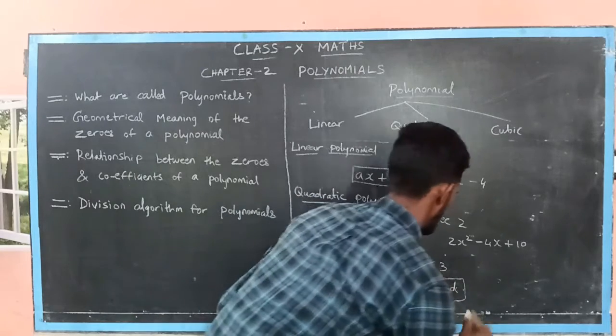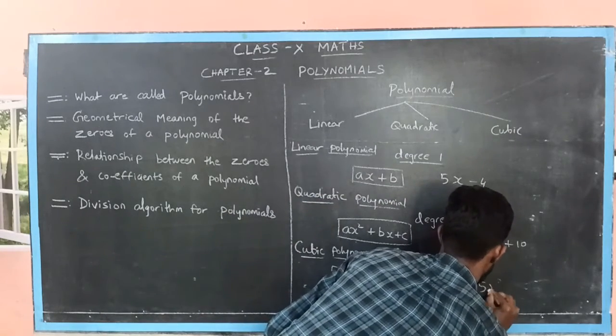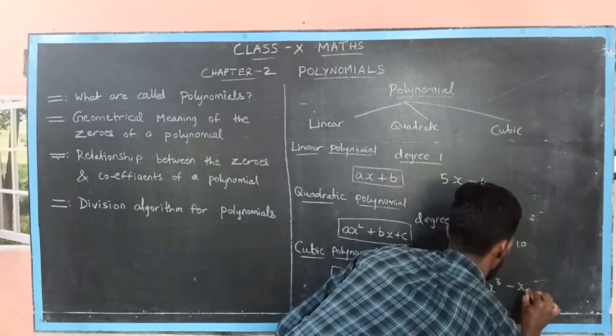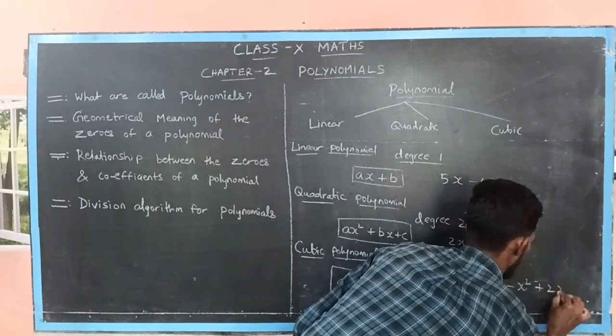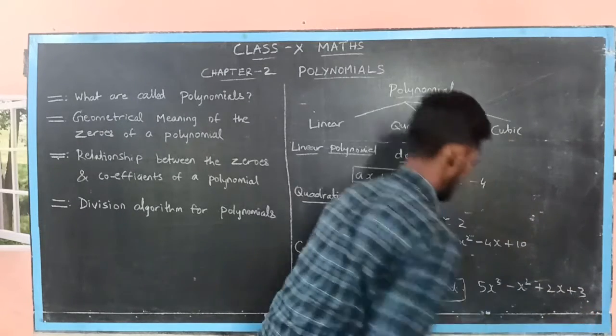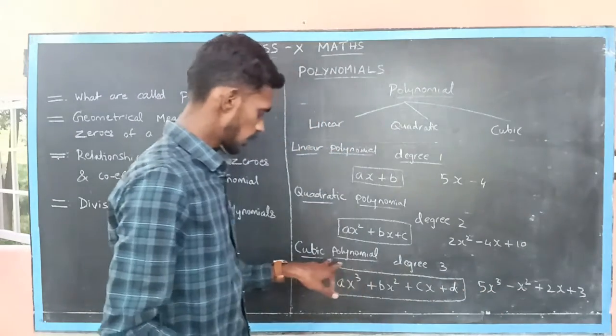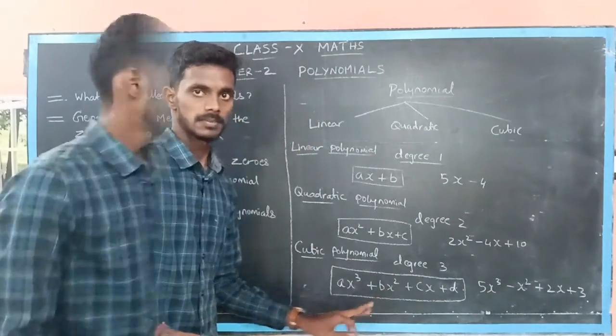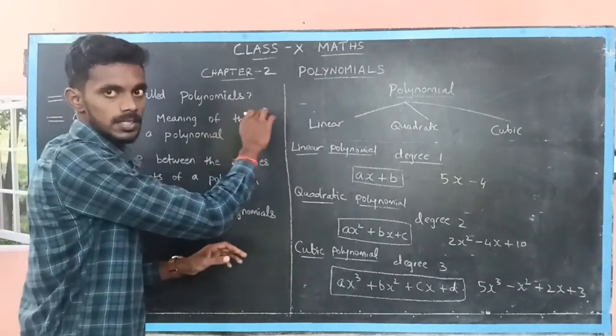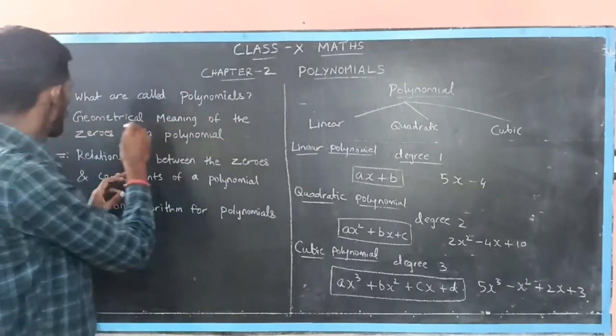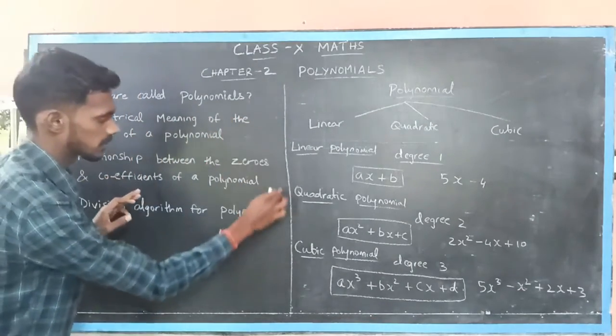Let me see an example, 5x cube minus x square plus 2x plus 3. Here the highest power of the variable is 3, so it is a cubic polynomial. Clear? That's all about the polynomials. In upcoming sections we are going to see these topics.